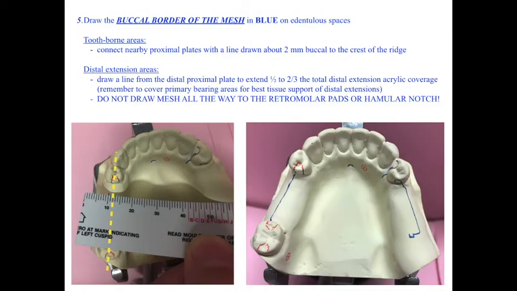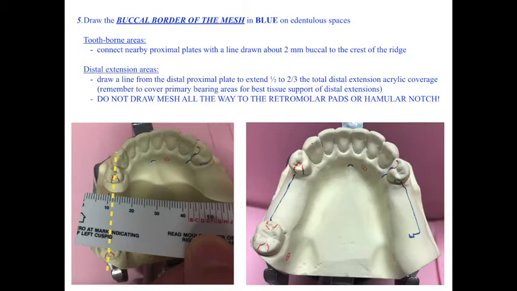Then you start to draw the minor connector and proximal plate, as I described before. Then you will draw your buccal border of the mesh. The design sequence manual tells you how to draw that. On the left side is a tooth span. They tell you to draw a line about 2 mm buccal to the crest of the ridge. That's why you should identify the crest of the ridge and use a ruler or the probe to measure 2 mm away from it, so you can mark it.